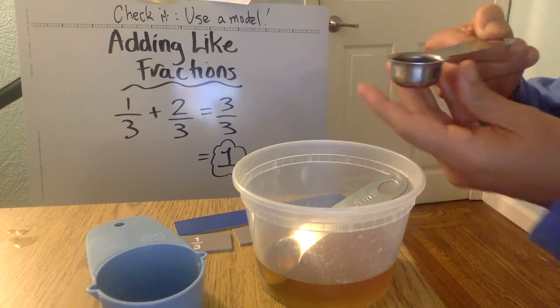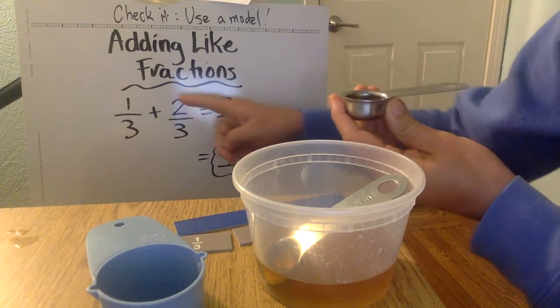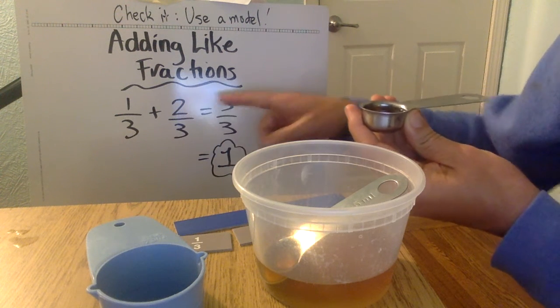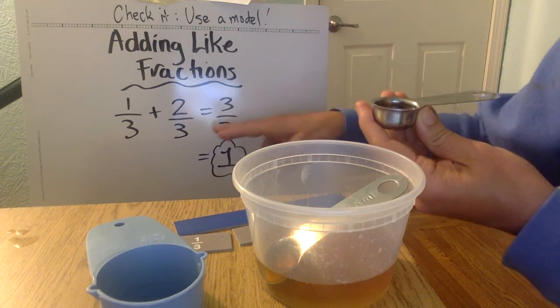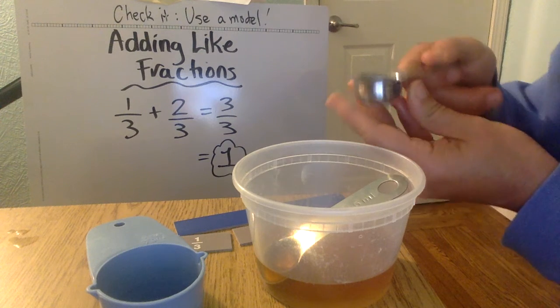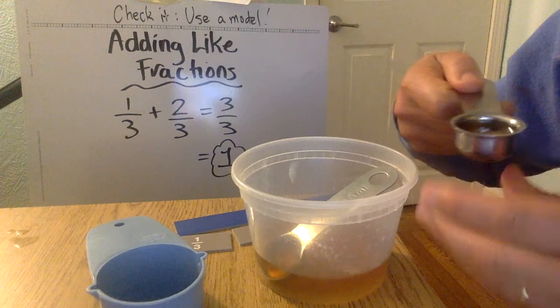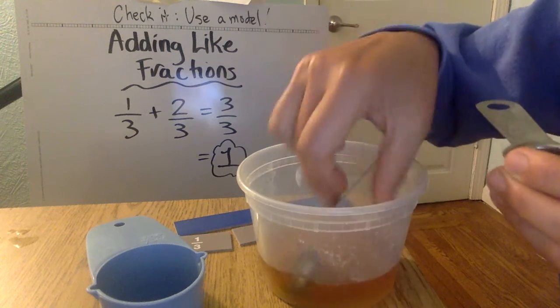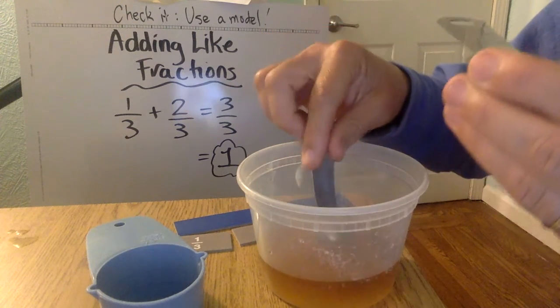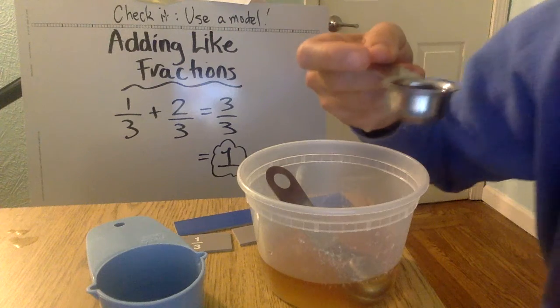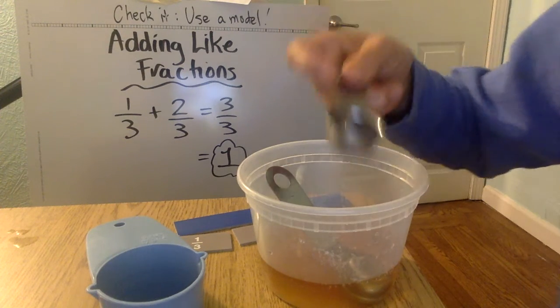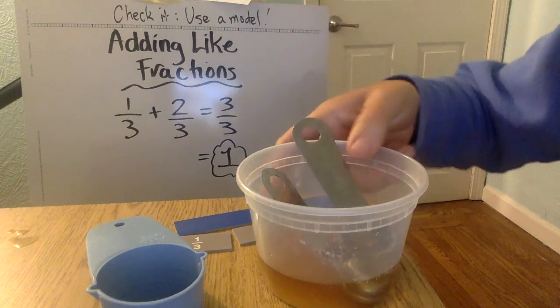So again, we're adding a numerator plus a numerator to get 3, and we're leaving those denominators the same to get 3/3. And wow, look, it ended up being exactly 1 tablespoon. So it took me 3 of these to make 1 of these, and this is another way to model the problem. And it's good for a snack, right?